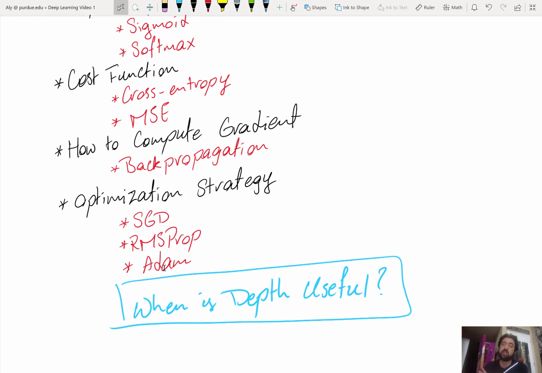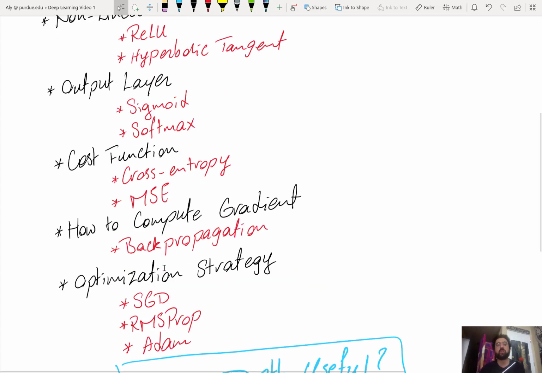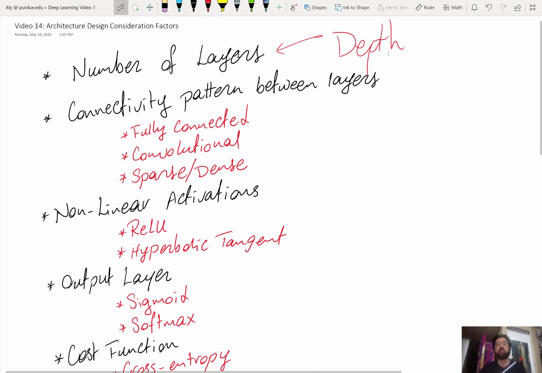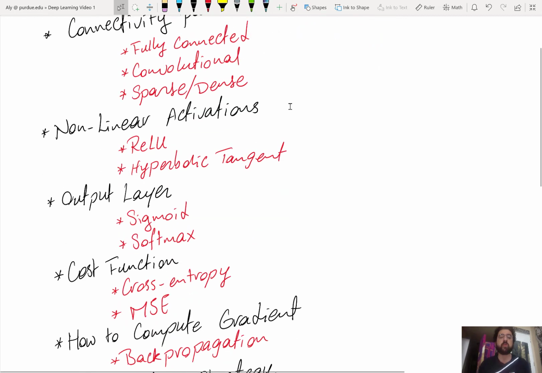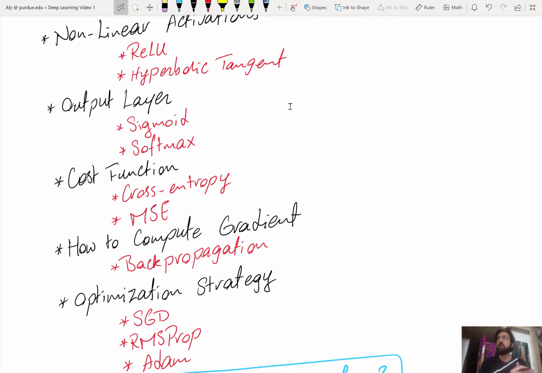Now, in the next video, we will focus on the depth question, right? Because that's a very important question, which goes back to the first point, the number of layers. And any of these questions in general, number of layers, connectivity pattern, nonlinear activation, output layer, cost function, backpropagation, or optimization strategy, all of these are interconnected, right? As you will see throughout.